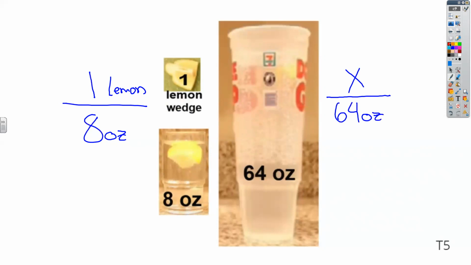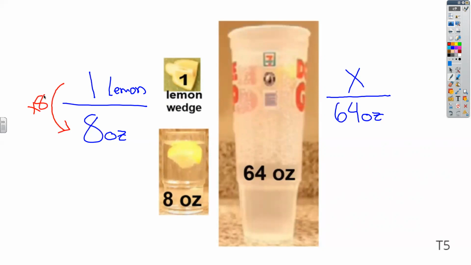I'm going to show you 2 different ways. We talked about it on Friday when we were using our tables. I said you could work within, going up and down in your table, or you could work outside, going from left to right. I'm going to show you both ways. Here, for example, how do you go from 1 to 8? Correct. Times 8.